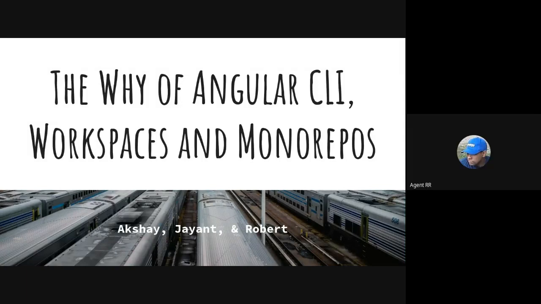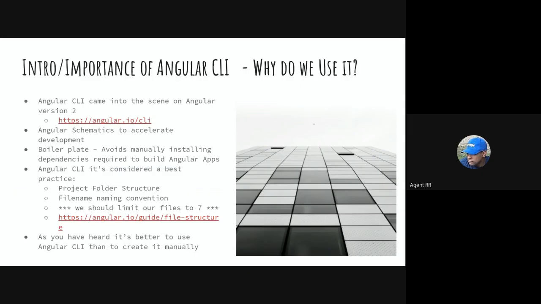All right, the way of Angular, the why of Angular CLI, workspaces and monorepos by Akshay, Jayant, and Robert. I'm going to start with the introduction and importance of Angular CLI. Why do we use it? Angular CLI came into the scene in version 2. Prior to that, we didn't have the schematics to accelerate development.